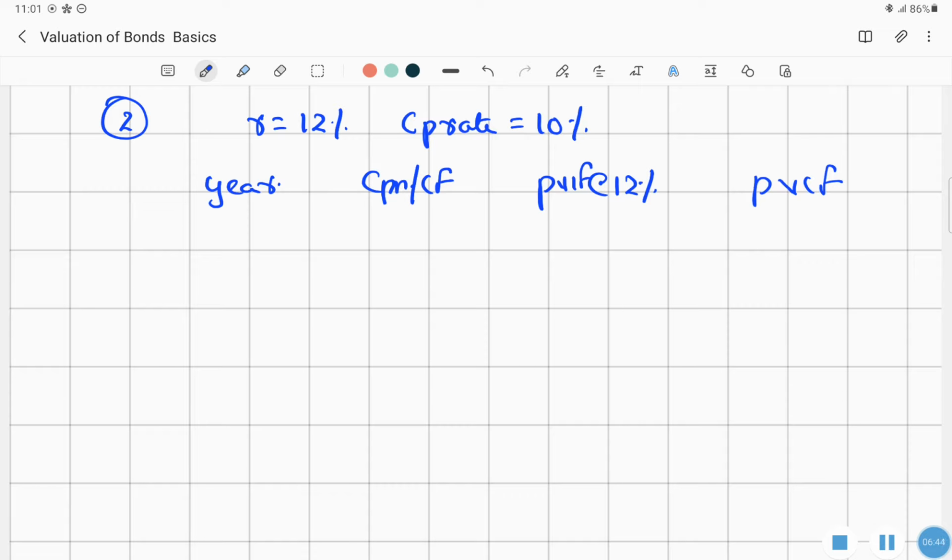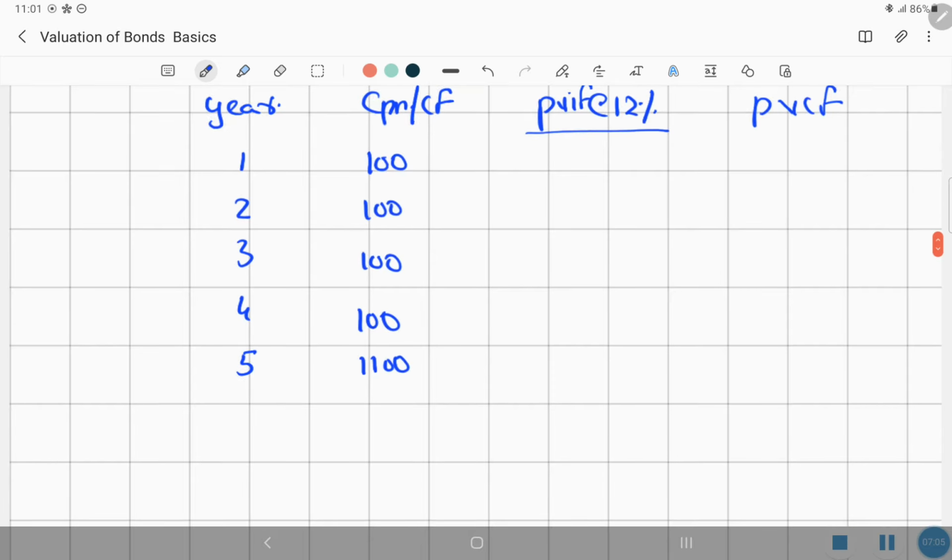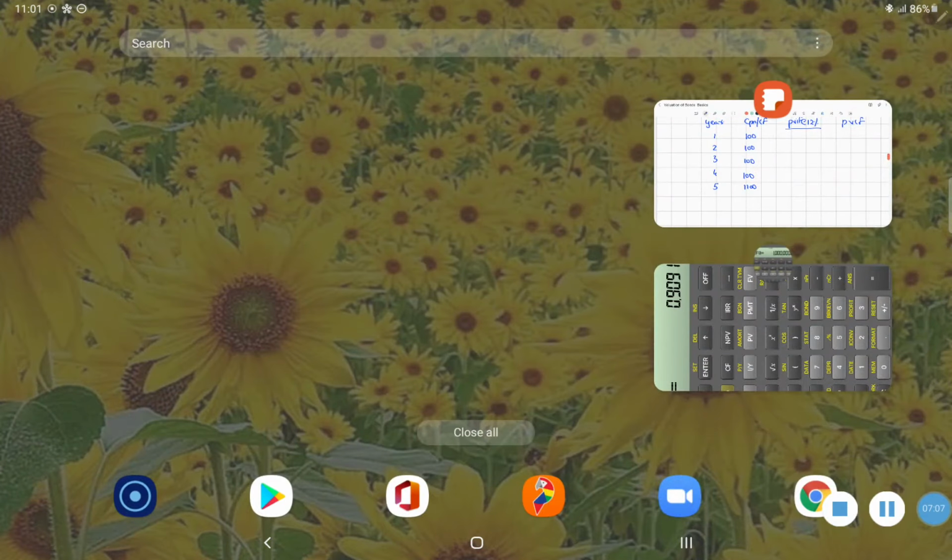So the years will be first year, second year, third year, fourth year and fifth year. We'll be having the same coupon payment amount 100, 100, then 1100. So now we'll be calculating the present value interest factor at 12 percent. So let us get back into our BA II calculator.